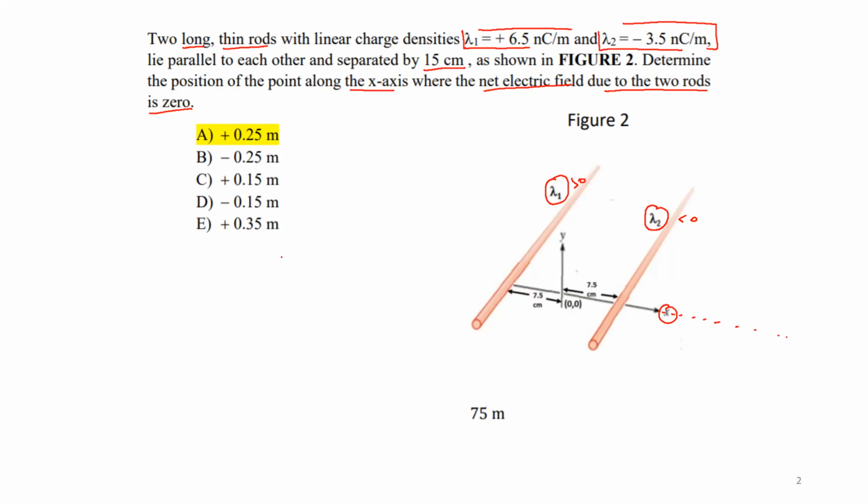So what did we study about a rod? If I have a rod and I give you the linear charge density of the rod, the electric field E is lambda divided by 2 pi epsilon naught r. This is the electric field created by a rod of linear charge density lambda at a distance r.